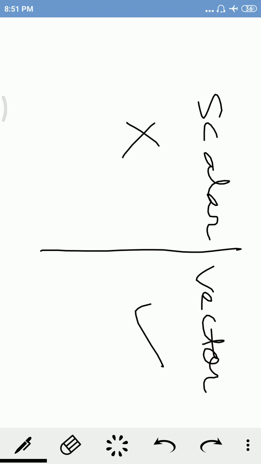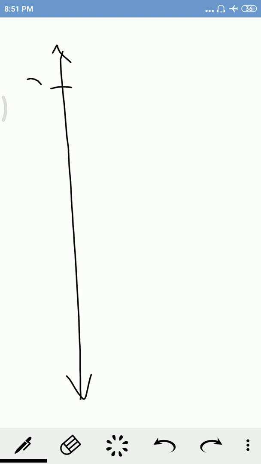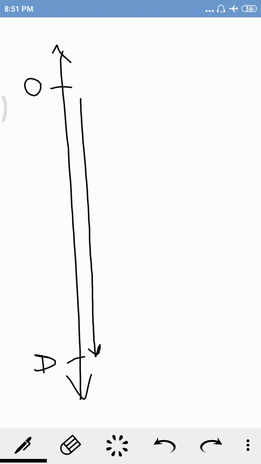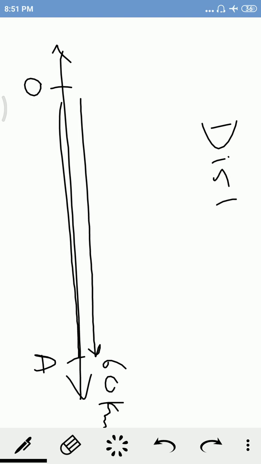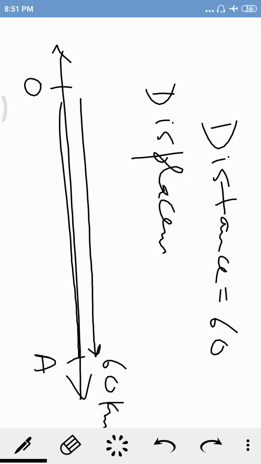Okay. Now the next thing is, distance and displacement, these two quantities can be equal or not. If the object starts from O and reaches A, which is 60 kilometer away from O, the distance traveled is 60 and displacement is also 60.